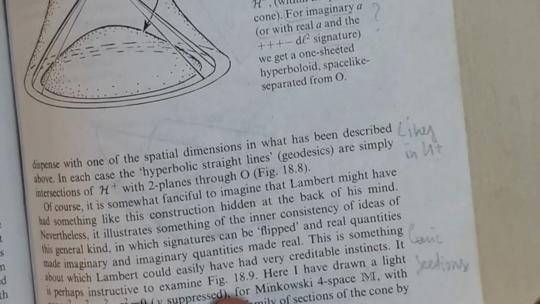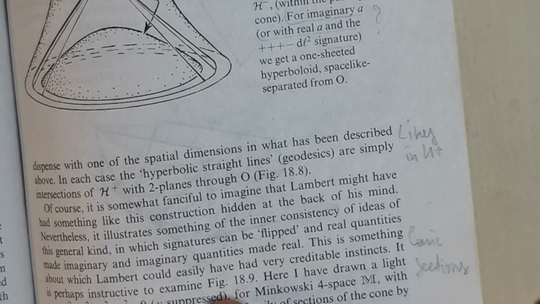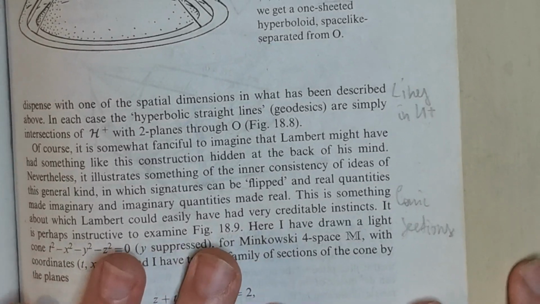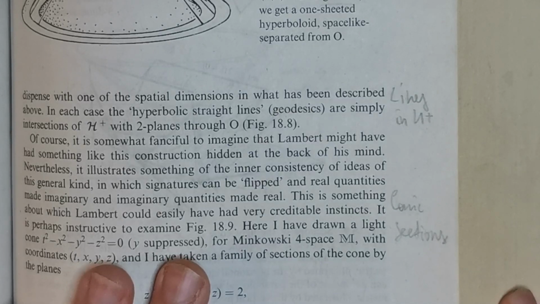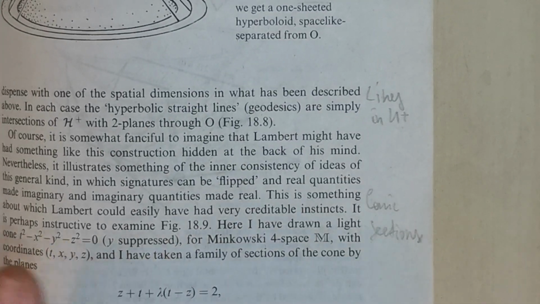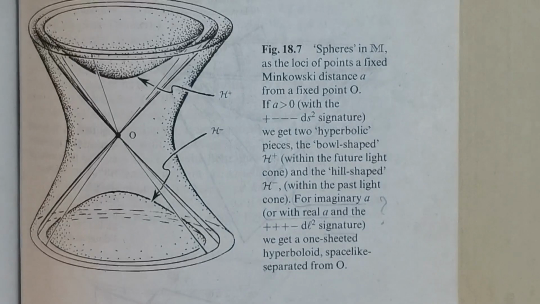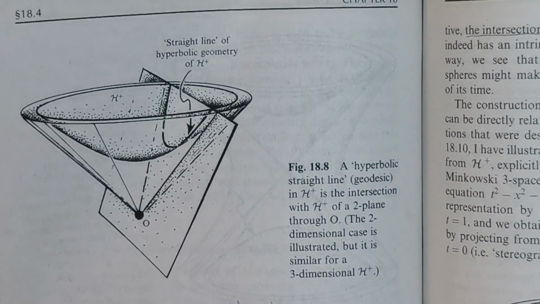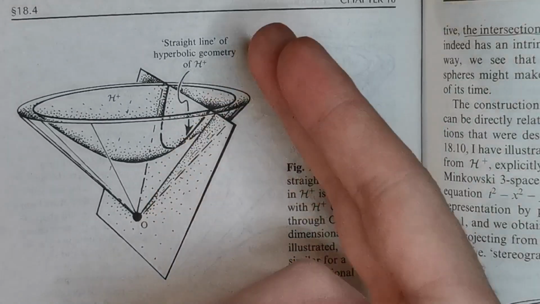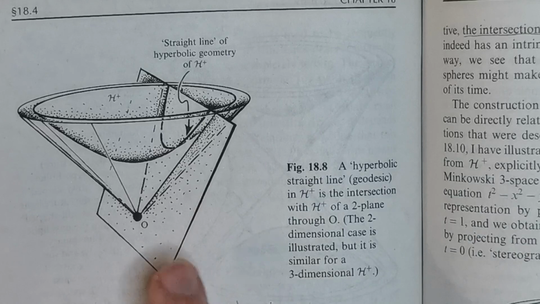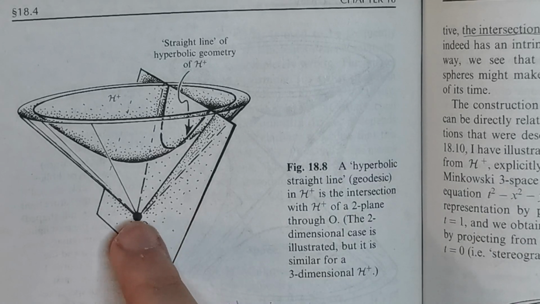Okay, so the lines we have seen there in the hyperbolic plane representations, where are they here on our hyperbolic surfaces? Penrose says that we can take different planes intersecting our hyperbolic surfaces, and those planes should pass through the origin.